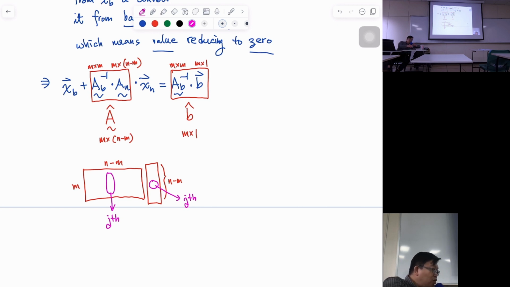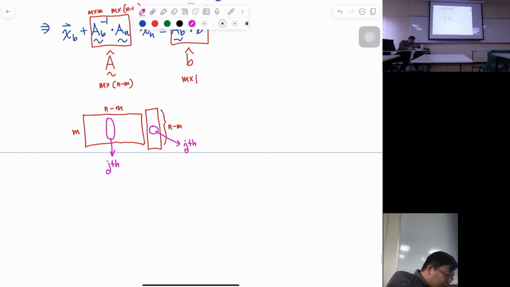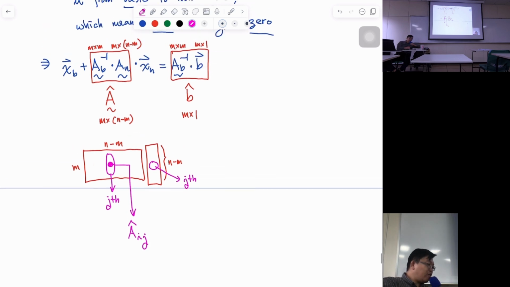Okay? So inside the A hat, every component is going to be called A hat ij. So we're going to check A hat 1j, A hat 2j, A hat 3j. They are going to multiply with the jth one in xN.